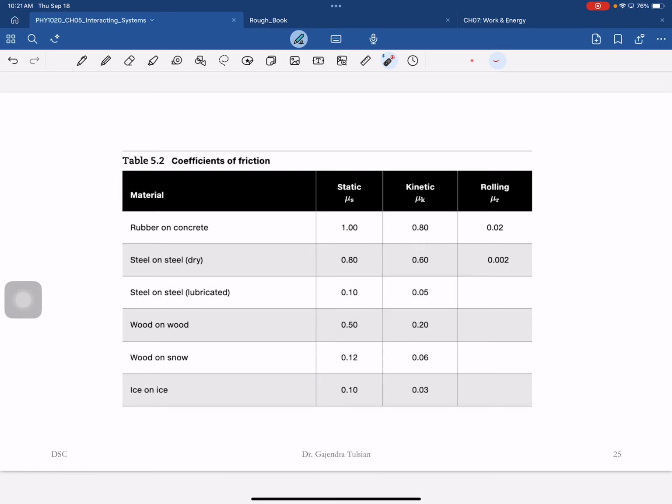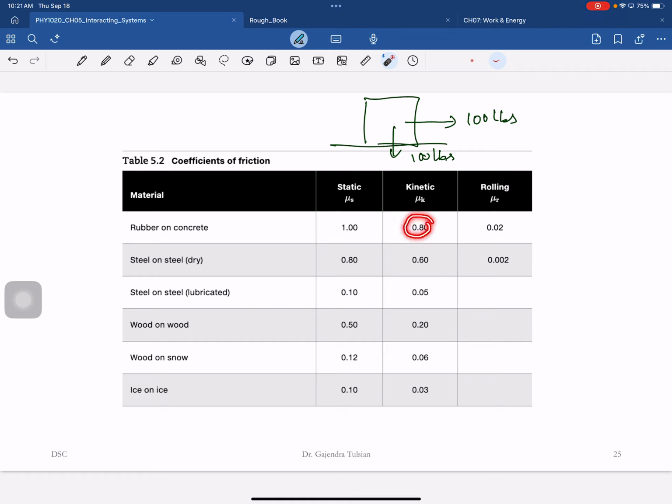All right, I'll give you one bit of information here. What this number means is the following. If you have a 100-pound rubber block sitting on concrete, what this number means is you need 100 pounds of force to get it moving.